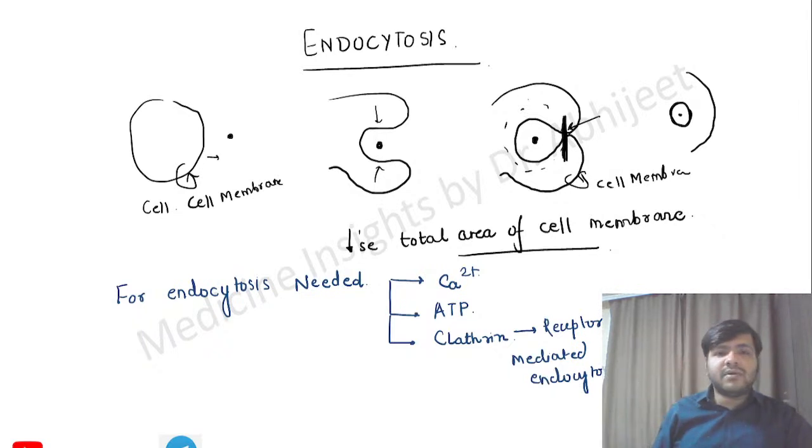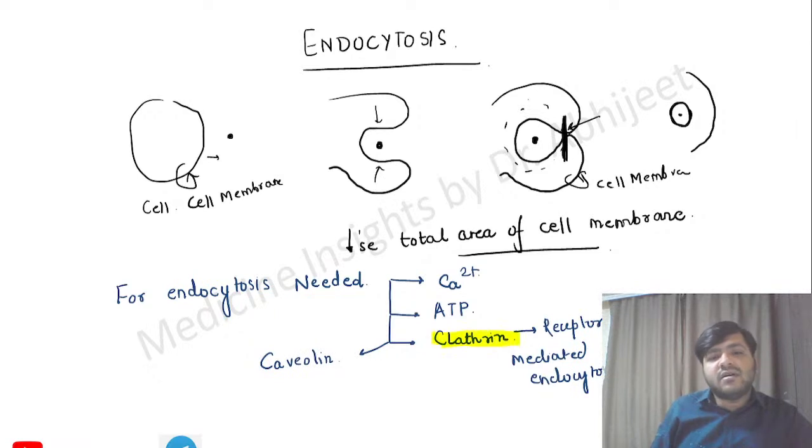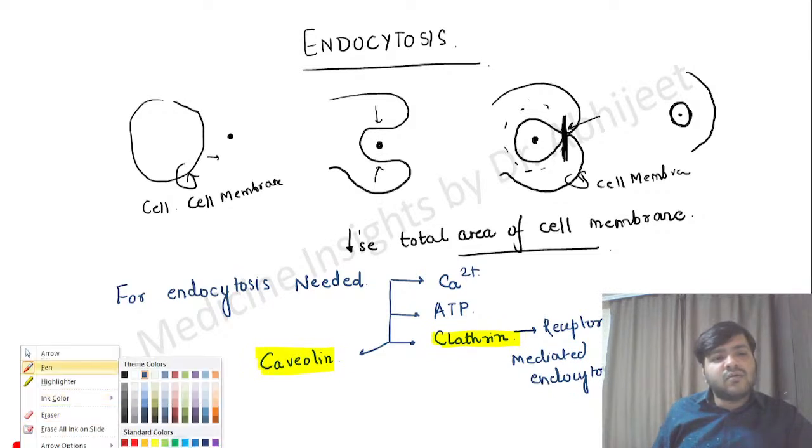Apart from that, remember there is one more protein which is required, that is called caveolin. You have to remember all these names because this is very very important over here. So this is the name of the special protein or the docking proteins which are required.